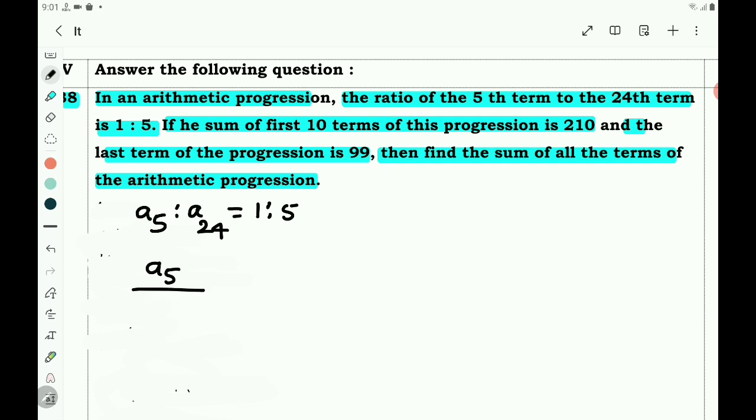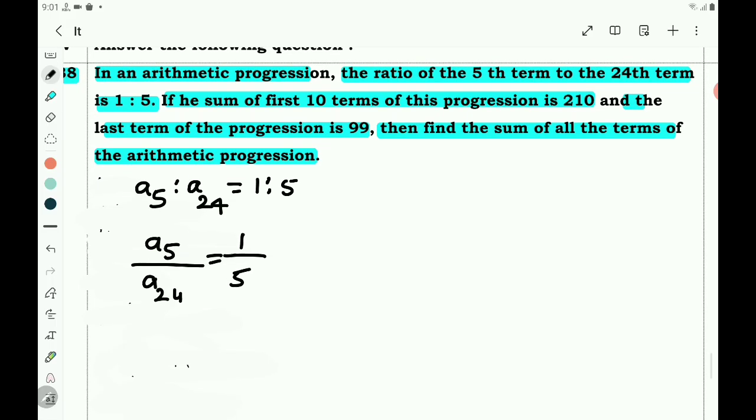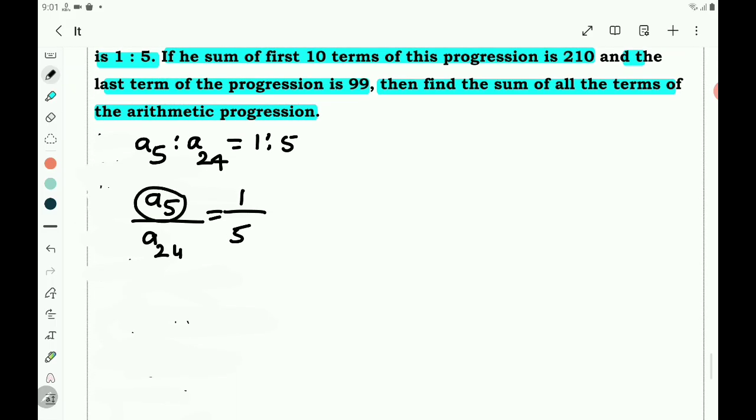A5 by A24 equals 1/5. A5 means a plus 4d by A24 means a plus 23d equals 1/5.